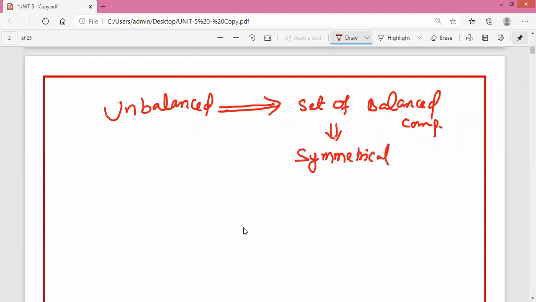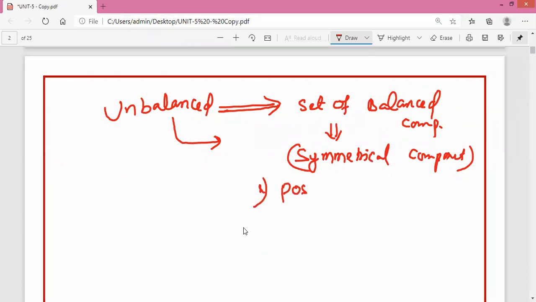So whenever there exist unbalanced parameters, those unbalanced parameters are to be replaced with a set of balanced components, and those sets of balanced components are called symmetrical components.